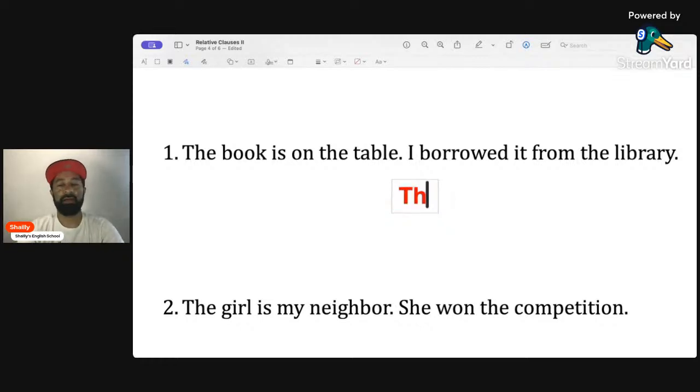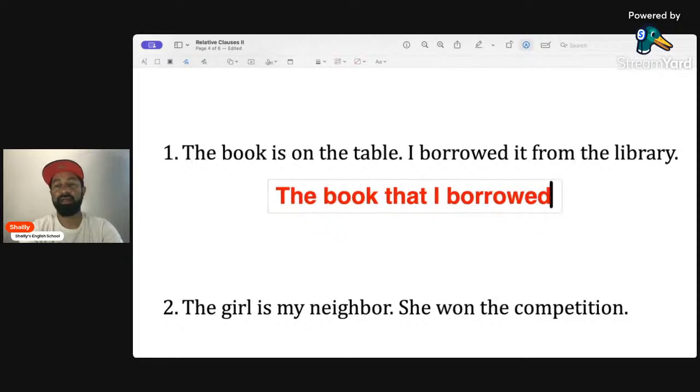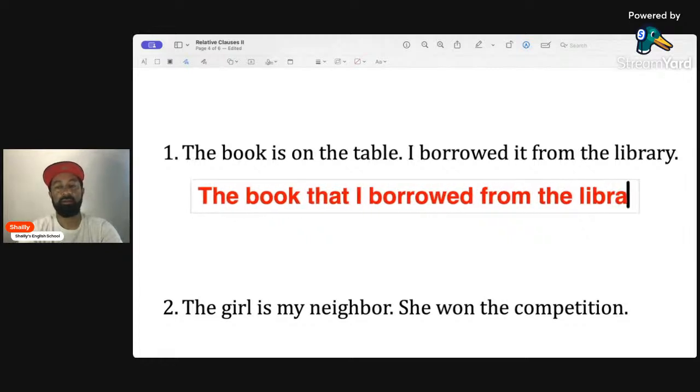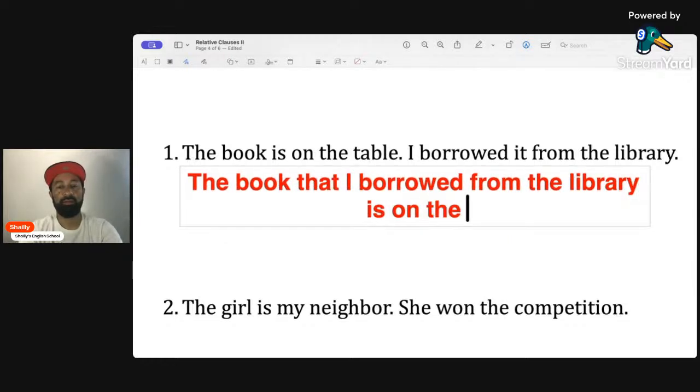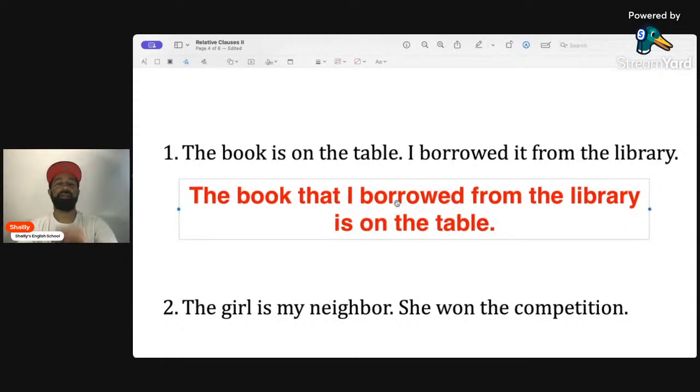So the book that I borrowed from the library is on the table. So I've joined it.